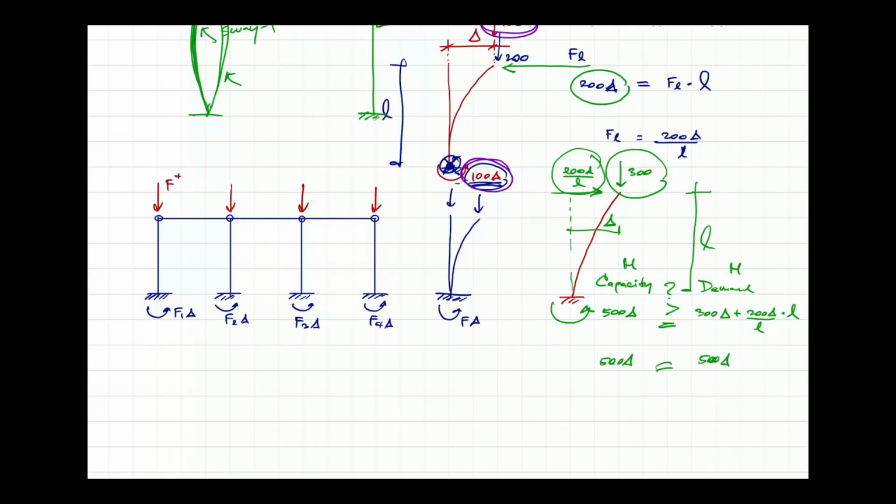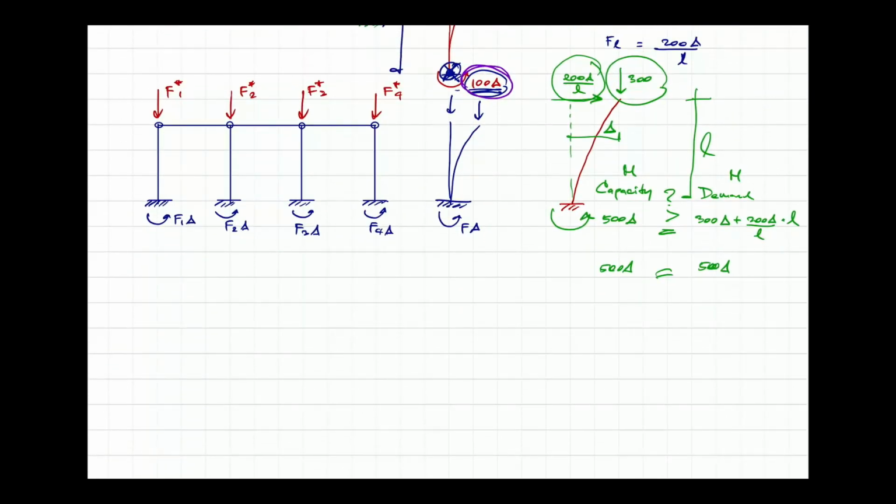So you have F star 1, F star 2, F star 3, and F star 4, and summation of F star has to be less than summation of F. So summation of F is here. Regardless of pattern.